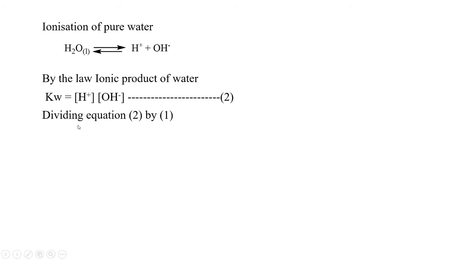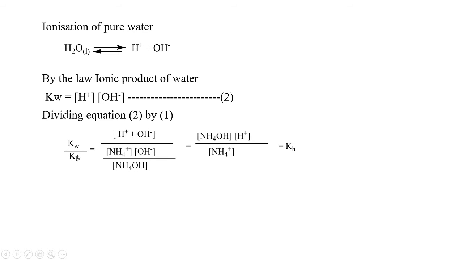Now dividing equation 2 by 1, that means Kw by Kb, H+ into OH- upon NH4+ into OH- upon NH4OH.